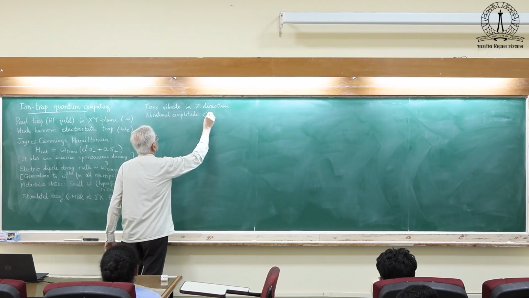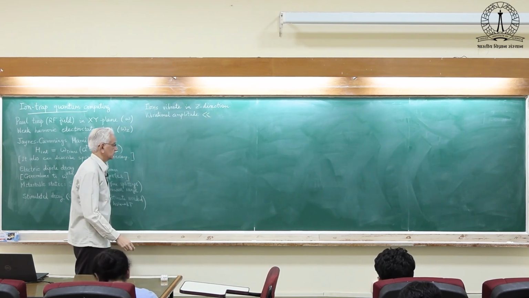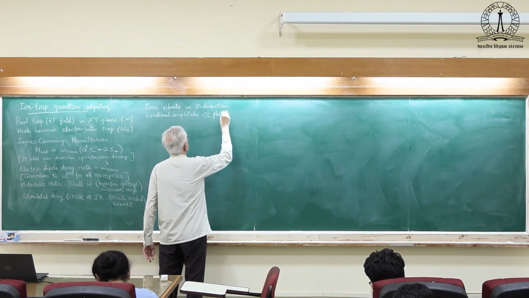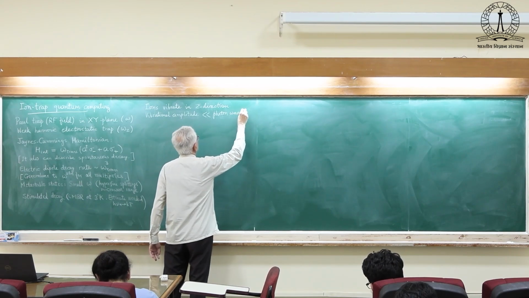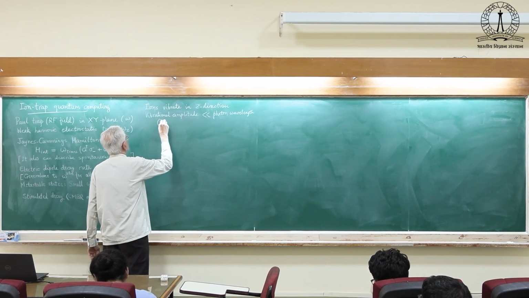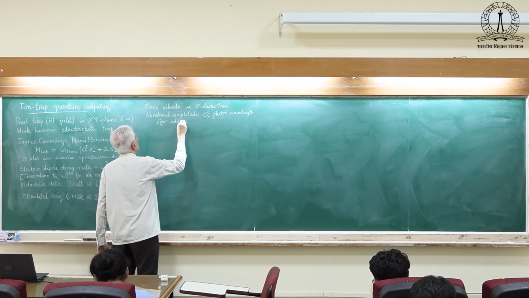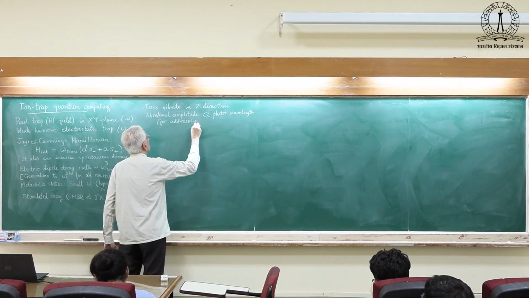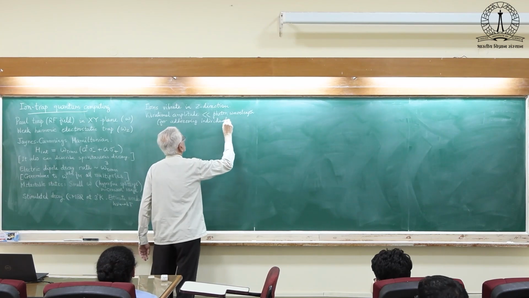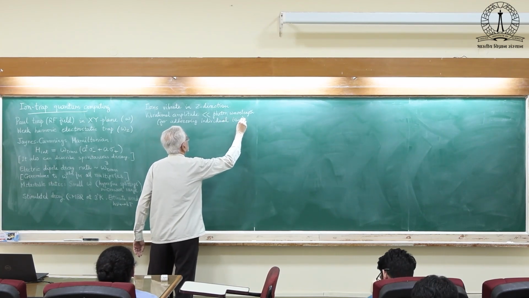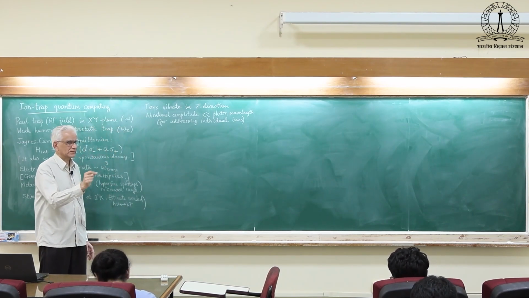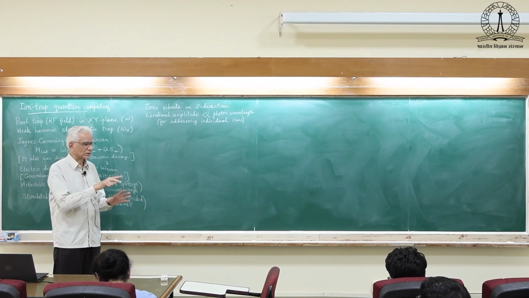is much smaller than the photon wavelength. This is needed for addressing the individual ions. So ions are jiggling around, and the photon has a certain wavelength.